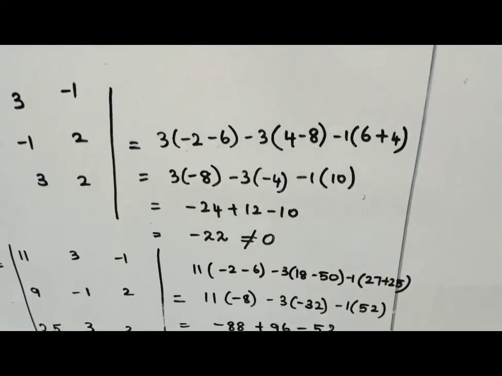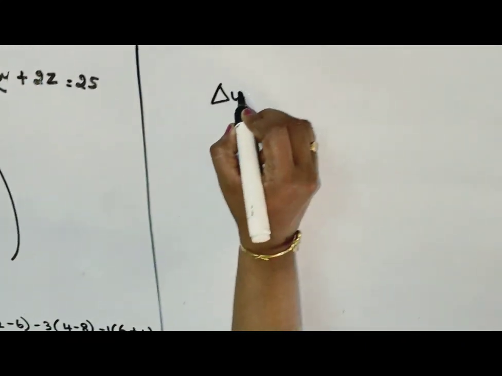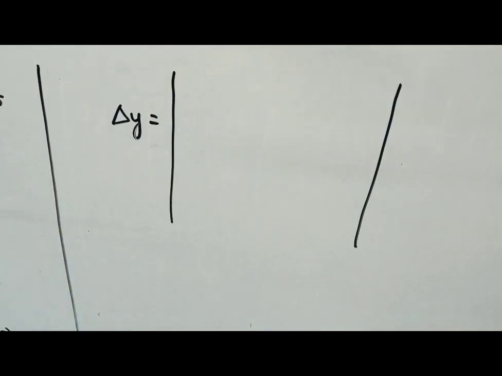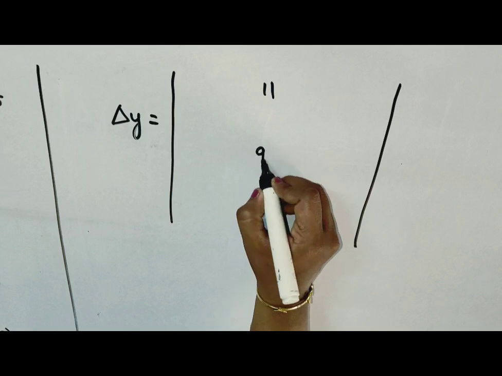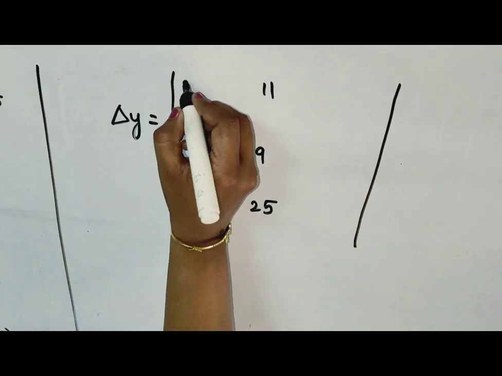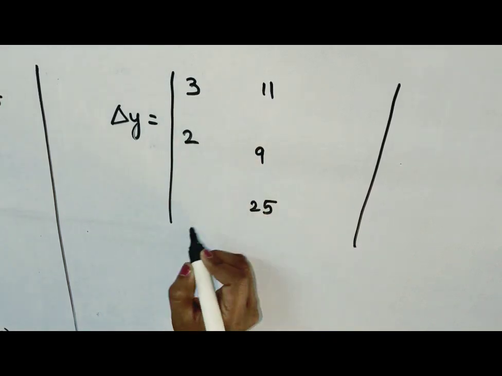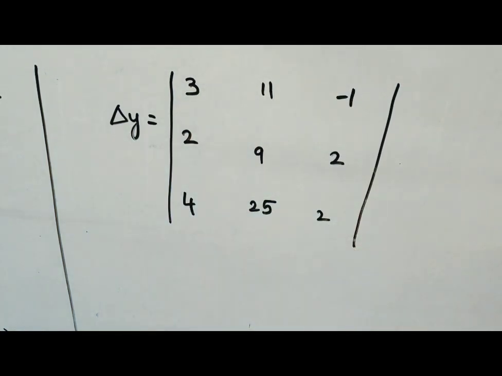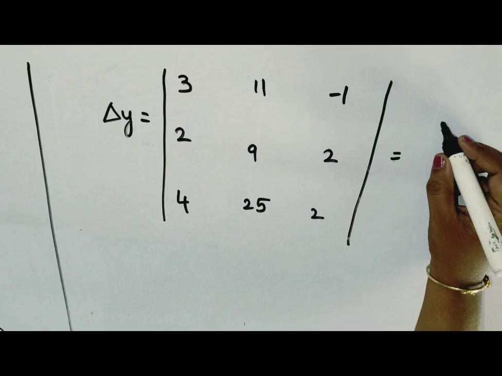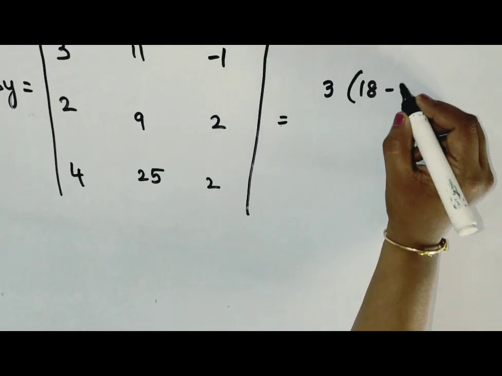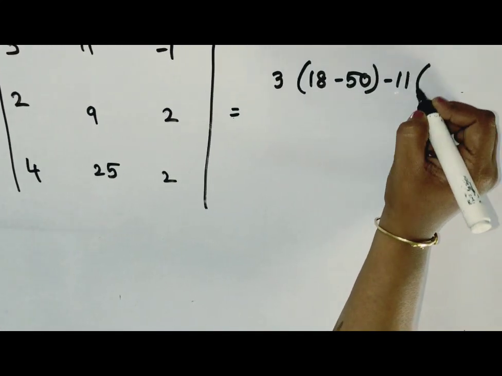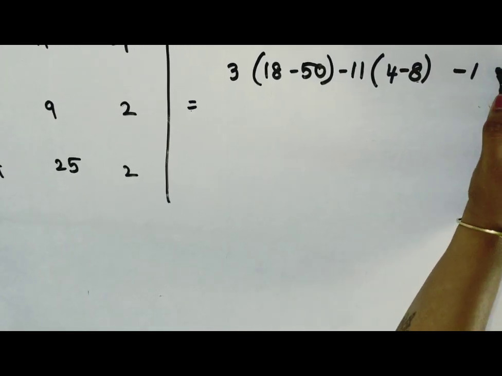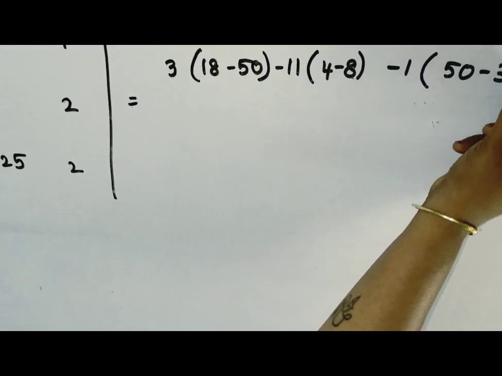Now we will find the value of delta y. When it comes to delta y, we have to replace the y column with the constants 11, 9, 25. The remaining columns we keep as they are: 3, 2, 4, minus 1, 2, 2. So we will find the value of the determinant. 3 into 18 minus 50, minus 11 into 4 minus 8, minus 1 into 50 minus 36.